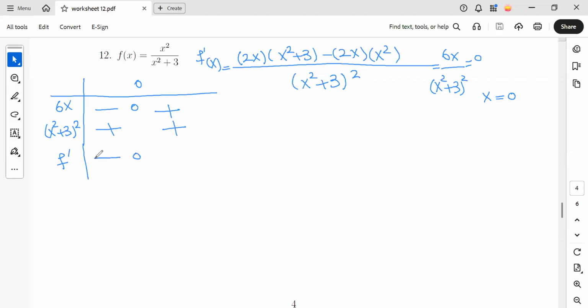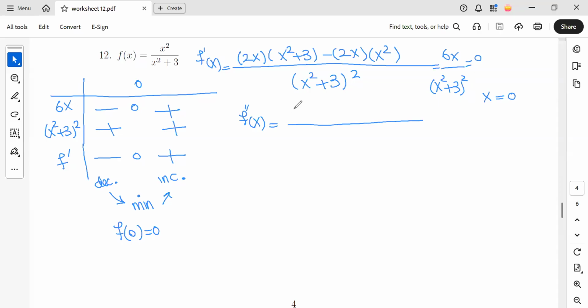F prime is 0 at 0, negative before and positive after. It means that before 0 it is decreasing, and after that it is increasing. So we have decreasing, increasing, which means we have a minimum, and the minimum is f of 0, which is 0 here. For the inflection point, if any, we're going to find f double prime.